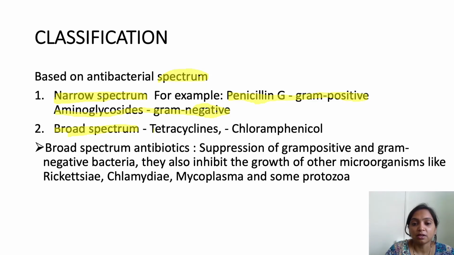Broad spectrum, classic examples are tetracycline and chloramphenicol. Broad spectrum means they will suppress both gram positive and gram negative, and also inhibit the growth of many other organisms like rickettsia, chlamydia, mycoplasma, and some protozoa. This is what is meant by broad spectrum antibiotics.